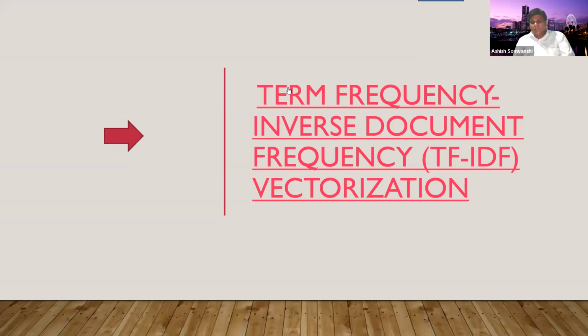The TF-IDF, or term frequency and inverse document frequency, is all about vectorization, which is the process of converting words into numerical format, and then studying how they are interrelated to each other.